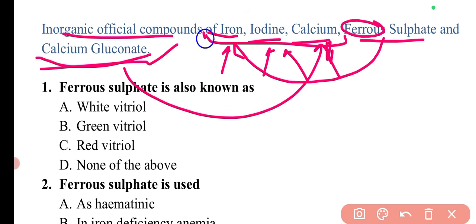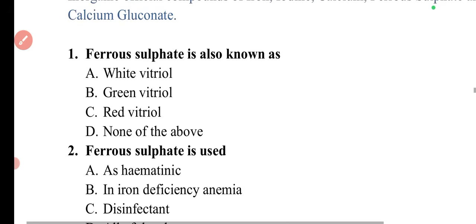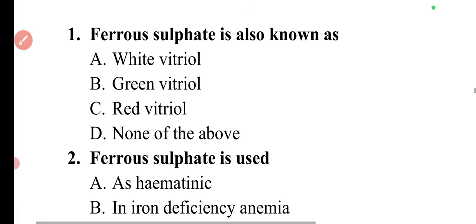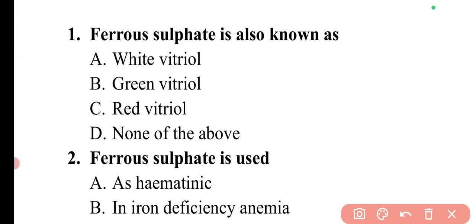So we must know what is the use of these in our body. First, most important is what is the use, what are the different products. Rest we can discuss with the questions like what are these things, and we can discuss relevant information with the questions itself.